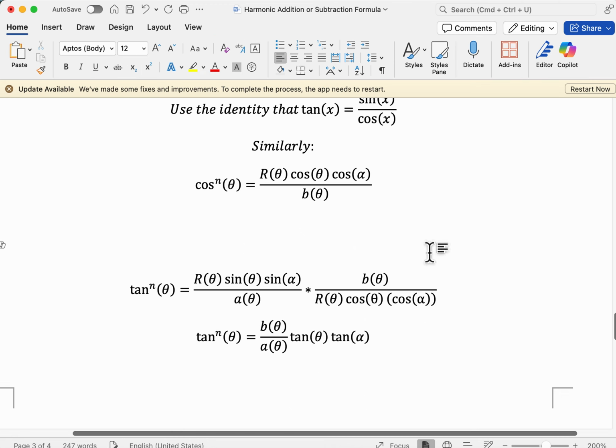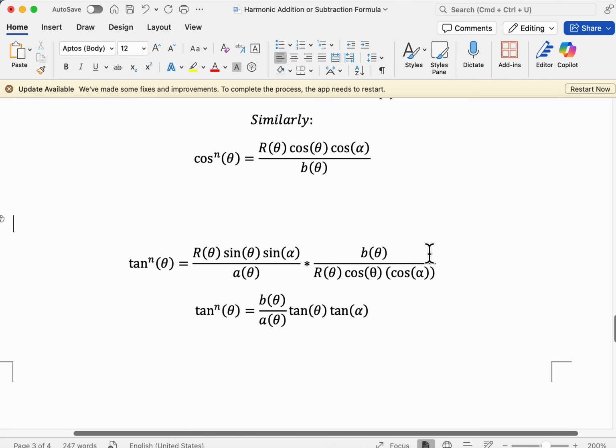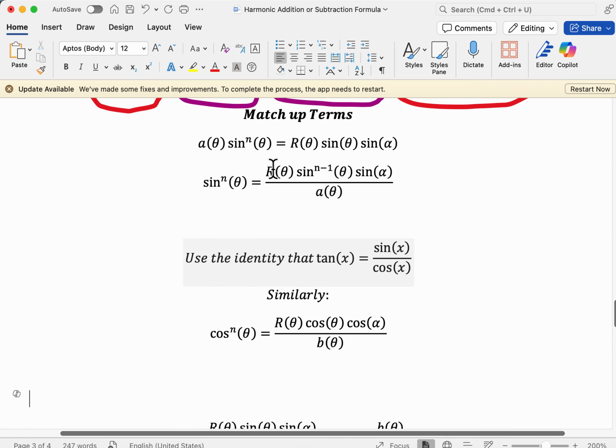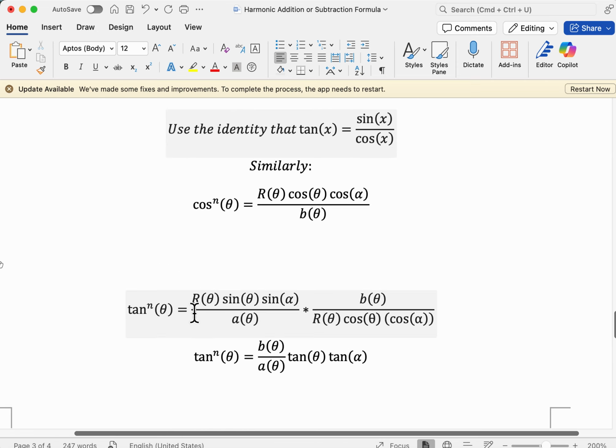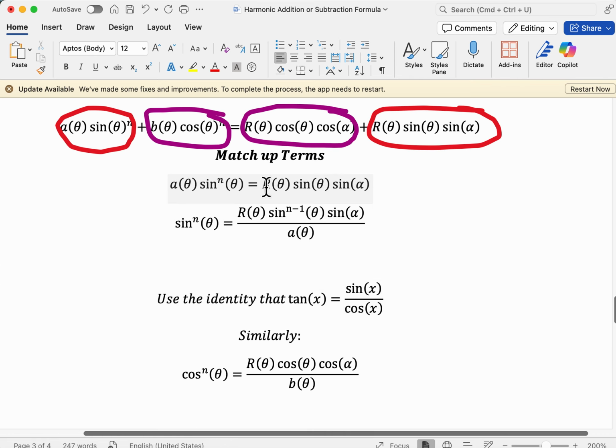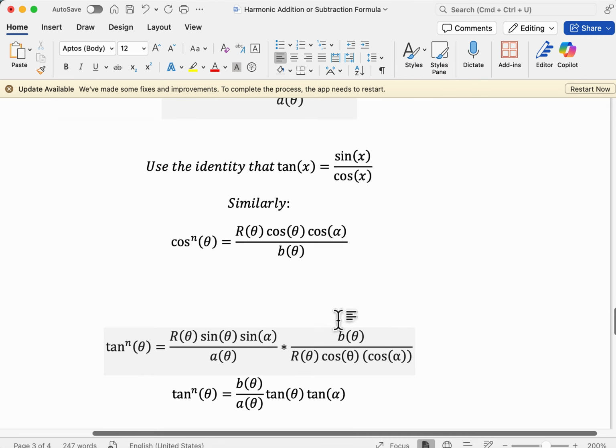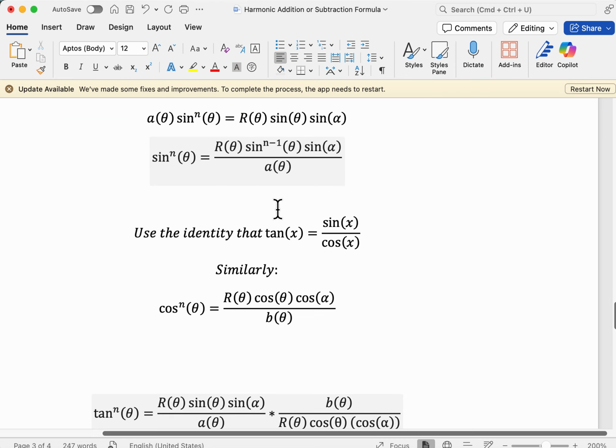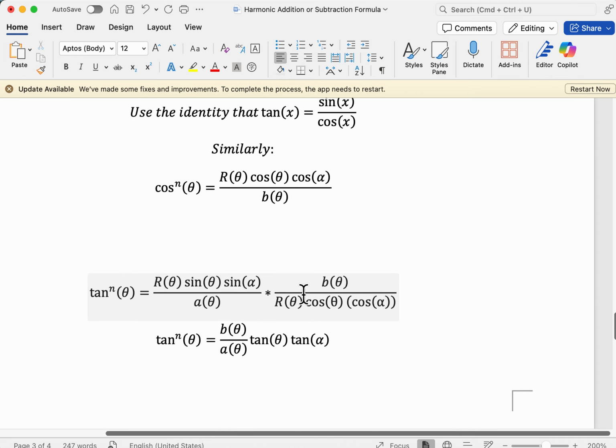Okay, now I have to split this up here. And so, oh, okay, that's why I didn't make the parameterization there. In the end, when you're doing tangent of n theta, you're basically going to get this term over here divided by this term over here. I just consider it like two fractions, so one fraction divided by another fraction, so you get one fraction multiplied by the reciprocal of the other.